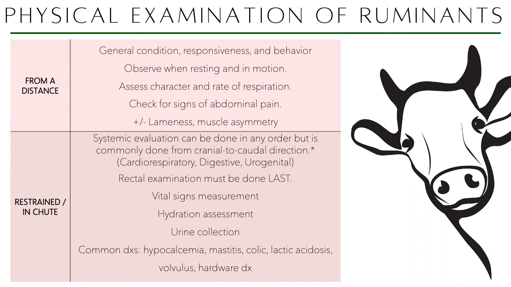Hydration assessment: how do we assess the hydration of these animals? Yes, we could do a cervical skin tent wherein we use the ventral cervical skin. We could also use the skin of the palpebrae. The moistness of the nose, which is classic even for dogs and cats. And also the depth of the eye relative to the orbit, right?